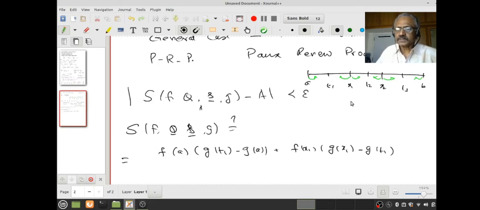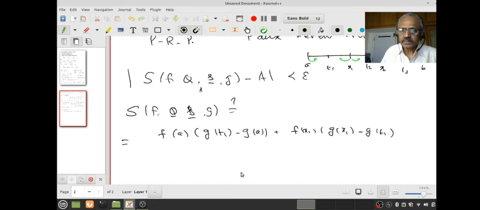You understand this? And what is the third? See, there are 6 intervals, right? So six subintervals, so I would write for all of them. I have done these two. Next one is X1 to T2. What is the tag there? The tag is going to be f of X1 into G of T2 minus G of X1.